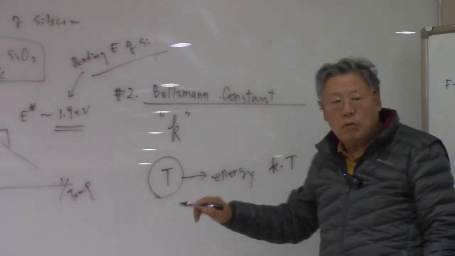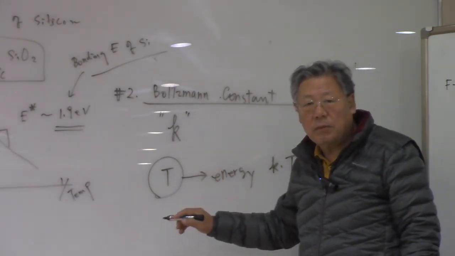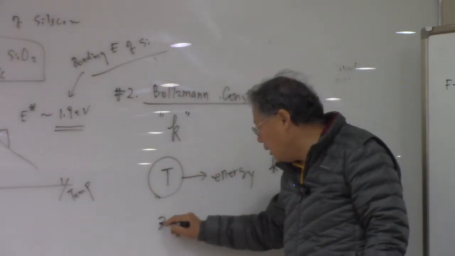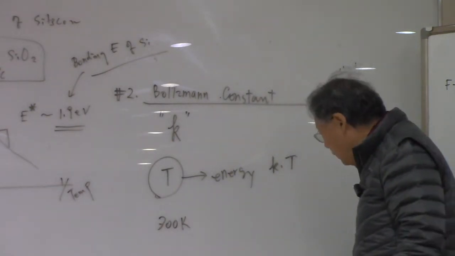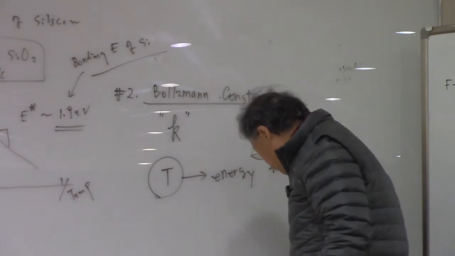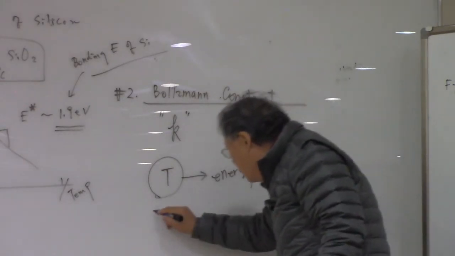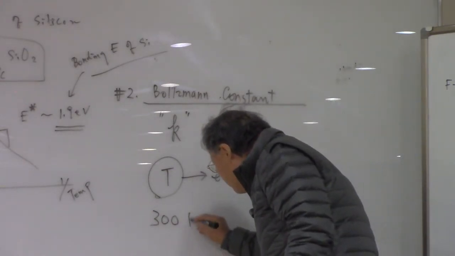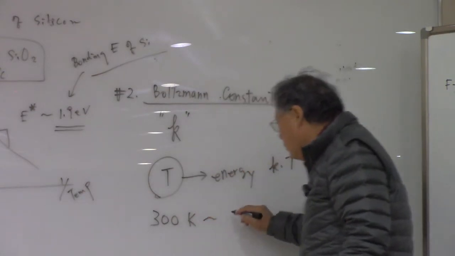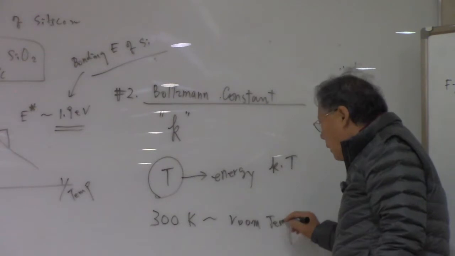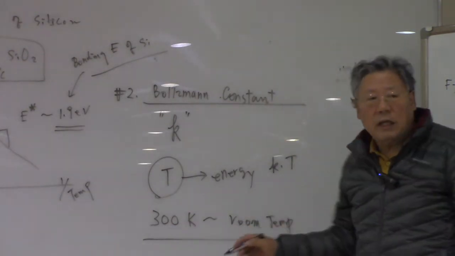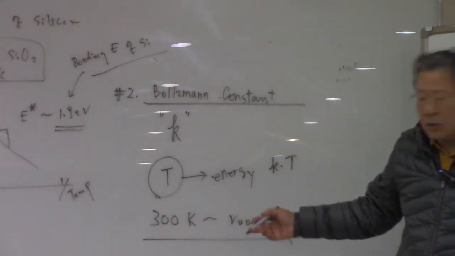For example, room temperature. What is the room temperature? 300 K, in absolute temperature, we can say that is the room temperature. And you want to know what is the energy corresponding to this room temperature.